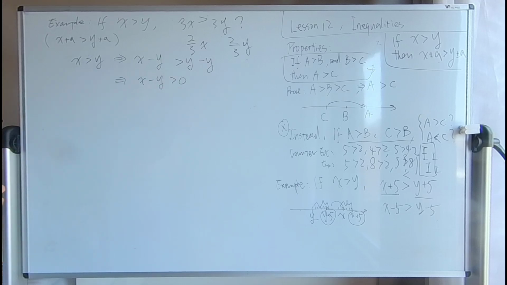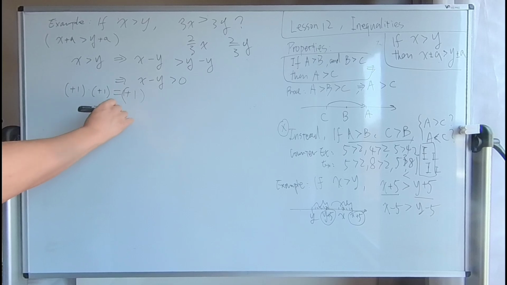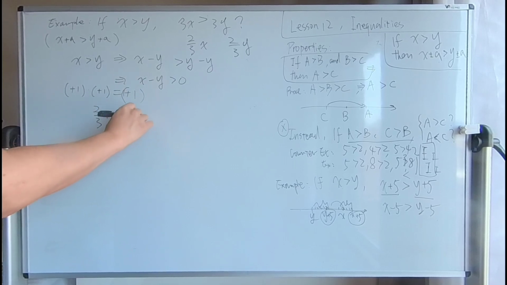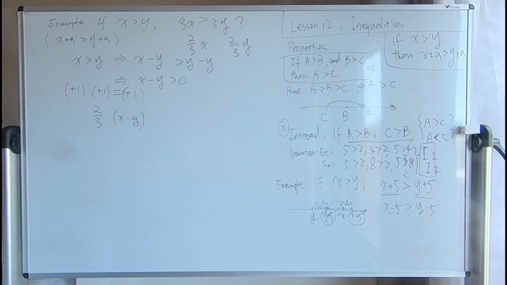Now we use the property that a positive number times a positive number is always positive, so consider 2 over 3 multiplying x minus y. This time I don't really care about the exact value of these quantities.